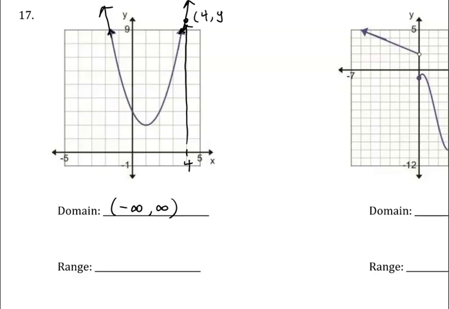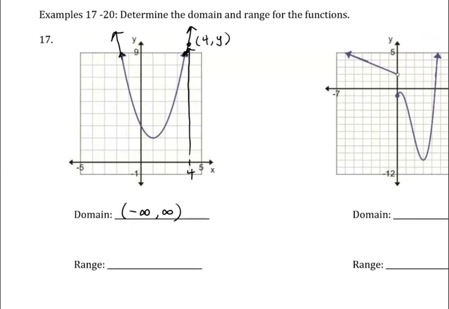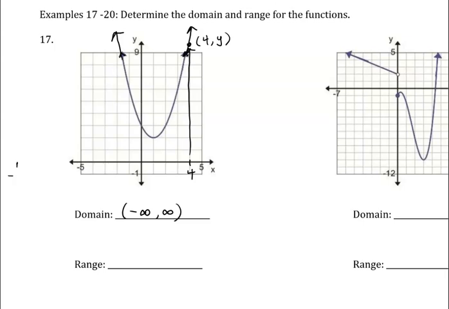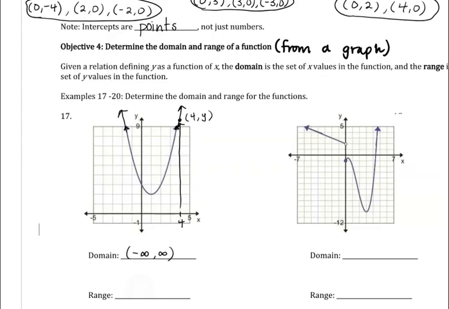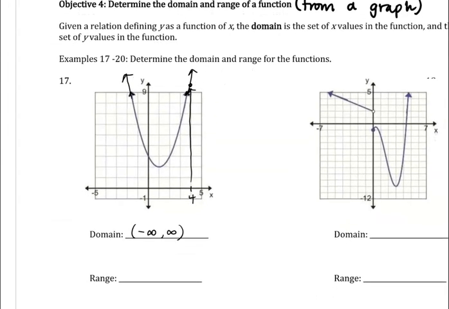I don't know what the y value is, it's not important right now, but I could find a point on the graph that corresponds to the x value of 4. Even if I chose an x value of -20 all the way out here, as this parabola continues to go up, up, up, eventually there will be a y coordinate that corresponds to -20. So the domain of that function is all real numbers.